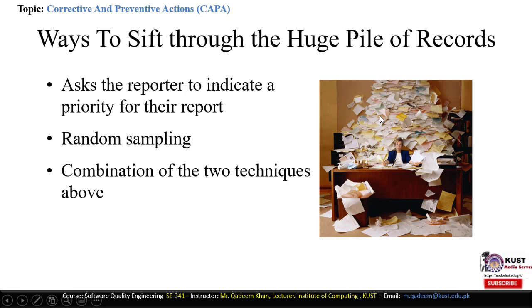That random sampling is in fact blind selection, but sometimes it is also useful. Combination of the two techniques above. So we can perform certain random sampling as well as ask the reporters to indicate the priority for their reports, and those reports will act as an input for our corrective and preventive action process.